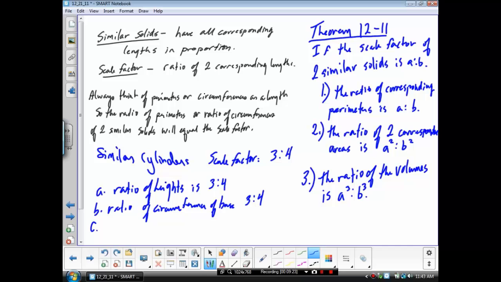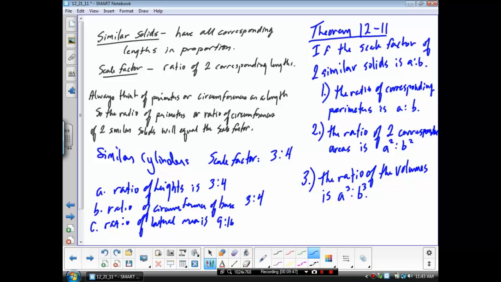Part C now. The ratio of lateral area. Now it's an area. So which piece does it fit? We square the scale factor. So area is 9 to 16.